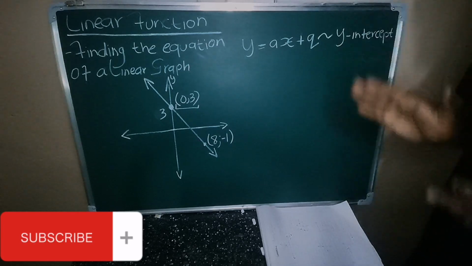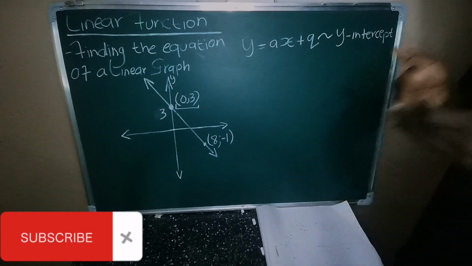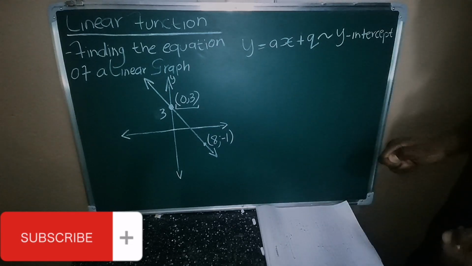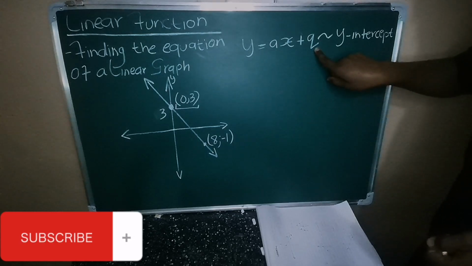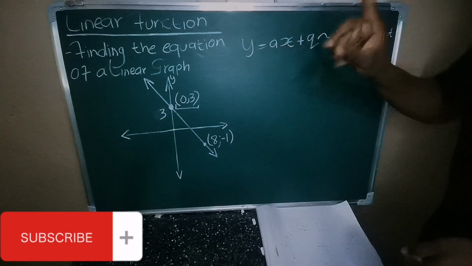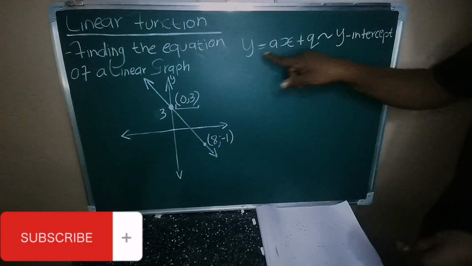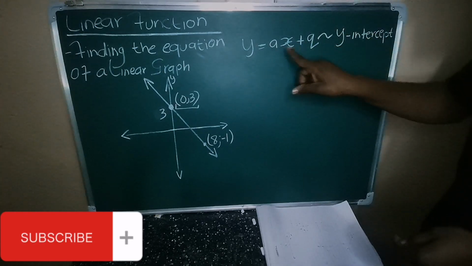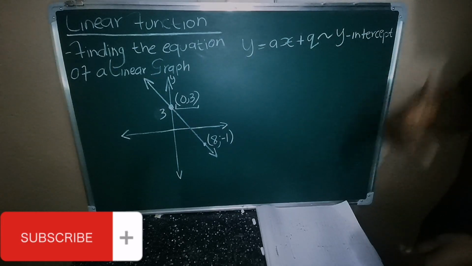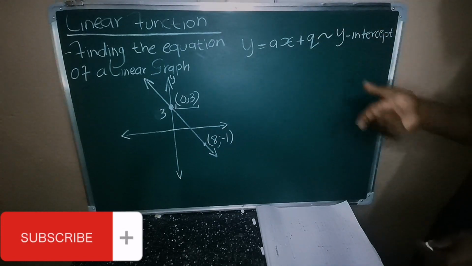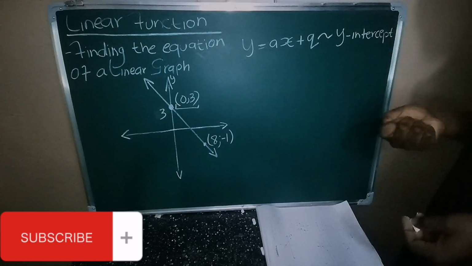Therefore, basically, when they say you must find the equation, they're telling you that you must find the variables there, a and q. Not x and y, only a and q, or any letter besides x and y in an equation. You will see when you do many examples. Usually they will ask you to find the equation.